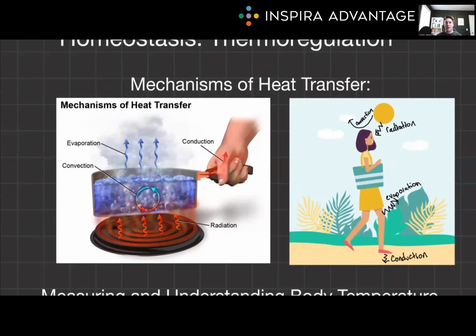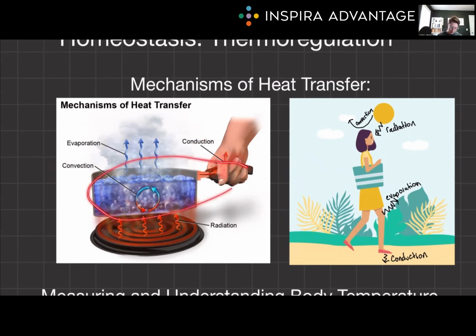Now let's do a quick deep dive into the mechanisms of heat transfer. The transfer of heat between animals and their surroundings is governed by four principal mechanisms. We've got radiation, convection, evaporation, and conduction. As shown here in the picture, radiation, as with the heat from the coil, involves the emission of heat from the surface of one object to another without direct contact.